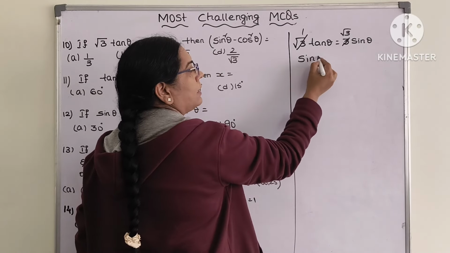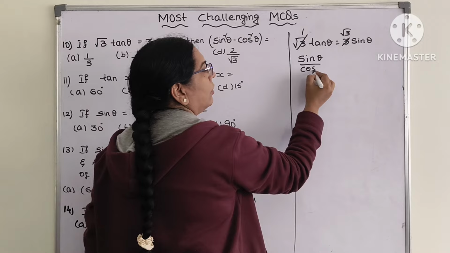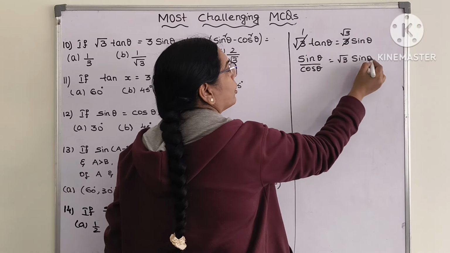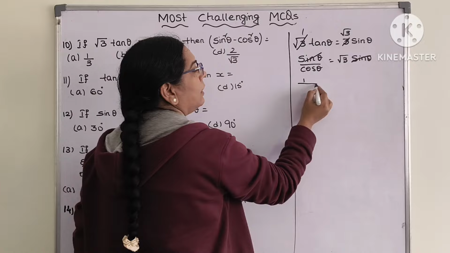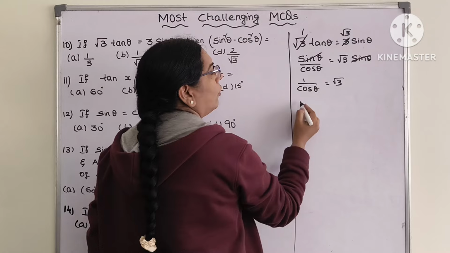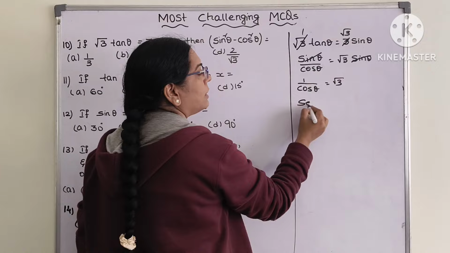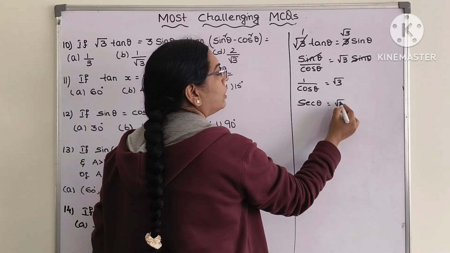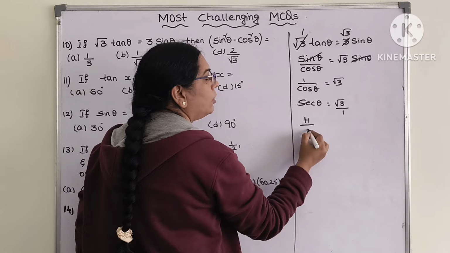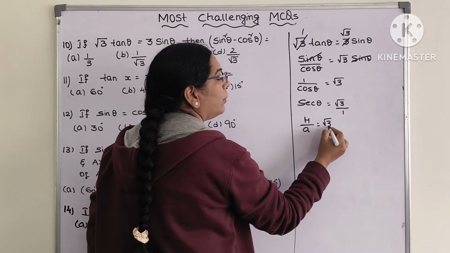Tan can be written as sin by cos, which is equal to root 3 sin. So sin got cancelled. 1 by cos is equal to root 3. What do you mean by 1 by cos? It is secant theta is root 3. Root 3 means root 3 by 1. Secant is hypotenuse by adjacent, root 3 by 1.